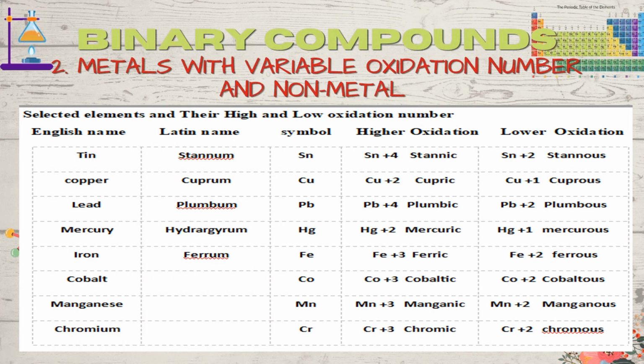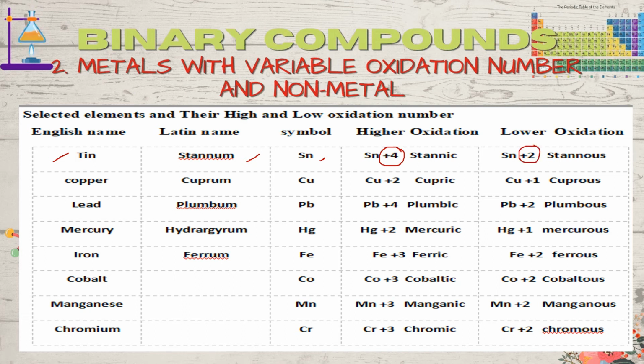So here are some of the selected elements and their high and low oxidation number. You have your selected English name, tin, which came from the Latin word stannum. Then you have your symbol Sn. So you have higher oxidation number for tin, which is positive 4, and positive 2 for lower oxidation number.